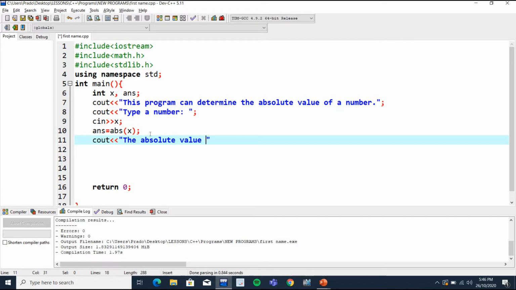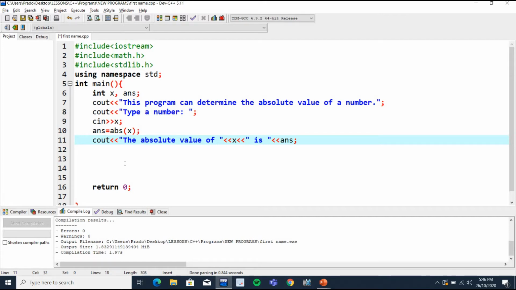So, the absolute value of x, which is the number, and then lagyan ulit natin ng quotation, the absolute value of x is, saka natin tatawagin po yung answer, semicolon.